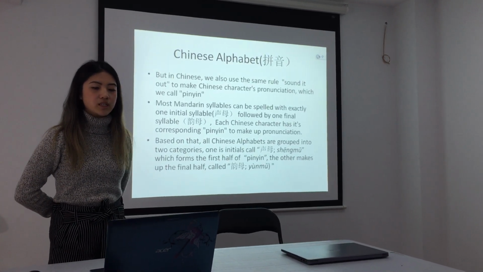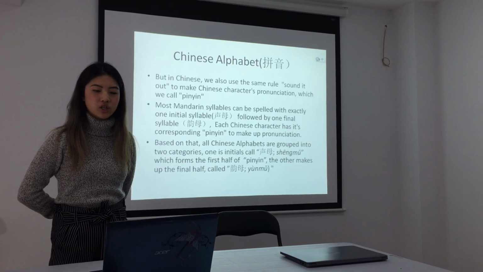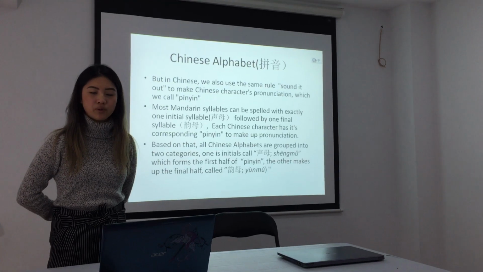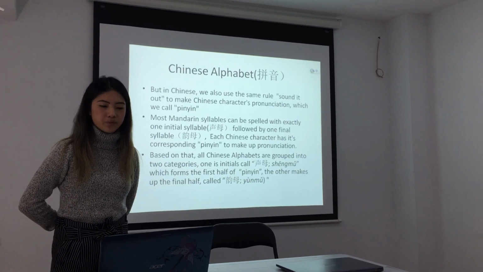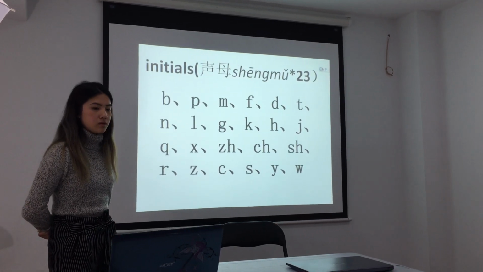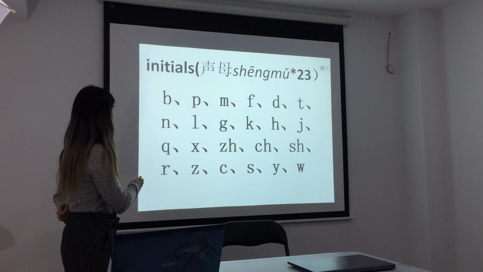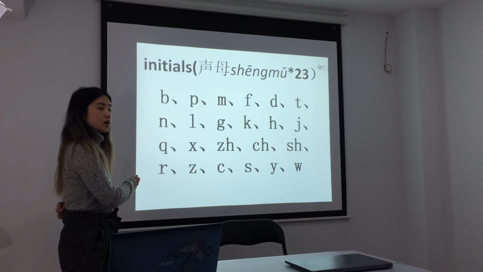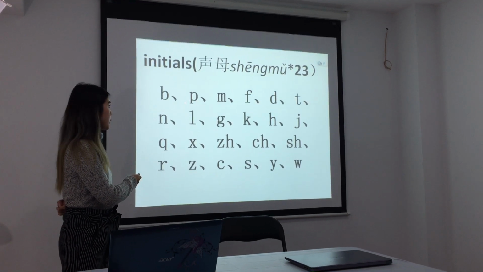Based on that, all Chinese alphabets are grouped into 2 categories. One is initials, called shengmu, which forms the first half of pinyin. The other makes up the final half, called yunmu. These are the initials, called shengmu. The first one is bo. The second one is po.